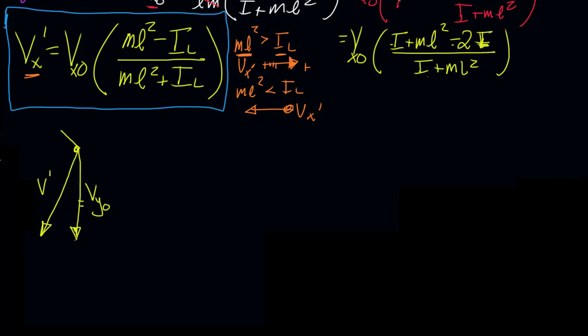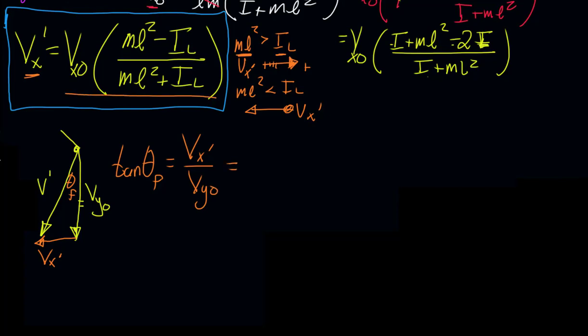And then here's the one we just found, our vx prime, and there's theta final. So the tan of theta final will be the opposite over the adjacent. And here we have our equation for vx prime. In fact, this was v0 sine of theta 0. So we can include that as well.